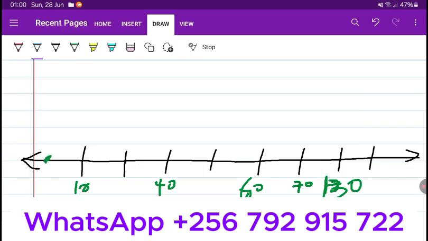So we plot the first one. Of course, we said this is the minimum. Let me change the color. I plot, this is the minimum entry. This is now, of course, the lower quartile, which was 23. Let me assume it's around here.